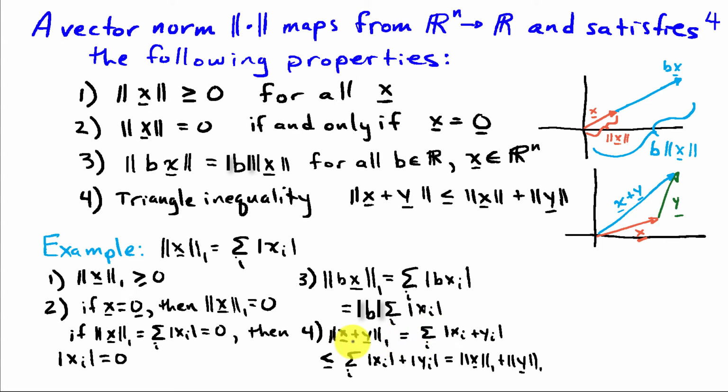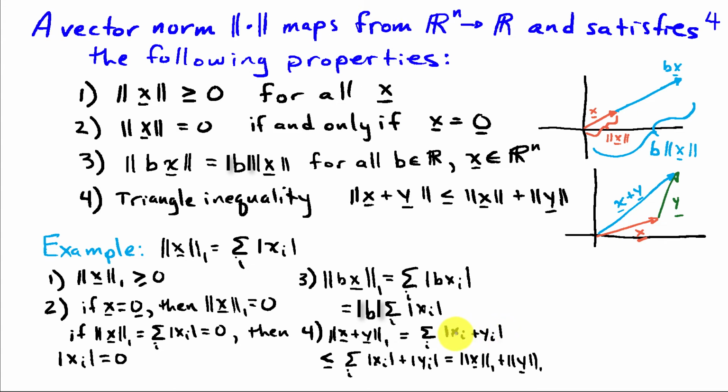And finally, the triangle inequality also applies, because if I take the 1 norm of x plus y, that's just the sum of the absolute value of x_i plus y_i. Since these are real numbers, the absolute value of a sum of two real numbers is less than or equal to the sum of the absolute values.